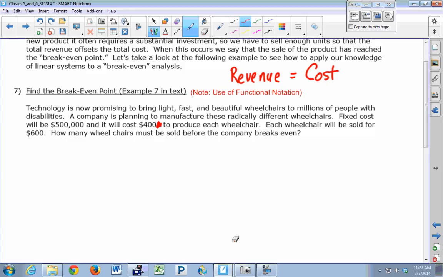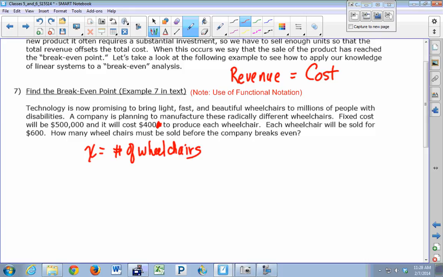What are you asked to find? Number of wheelchairs. As fast as you answered that, with exactly the right language I wanted to hear, number of wheelchairs, that's your first step. That's the definition of your variable. So let X equal the number of wheelchairs. Perfect.